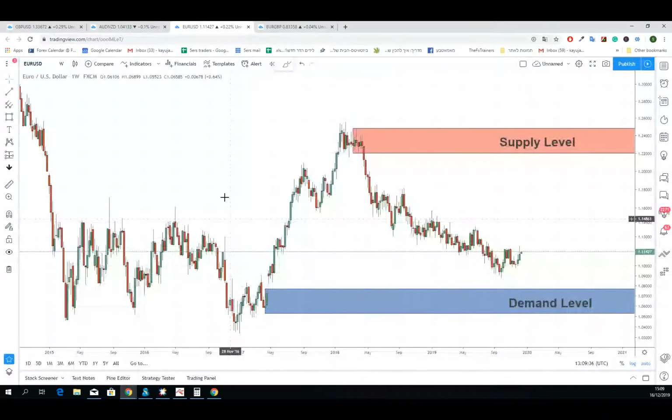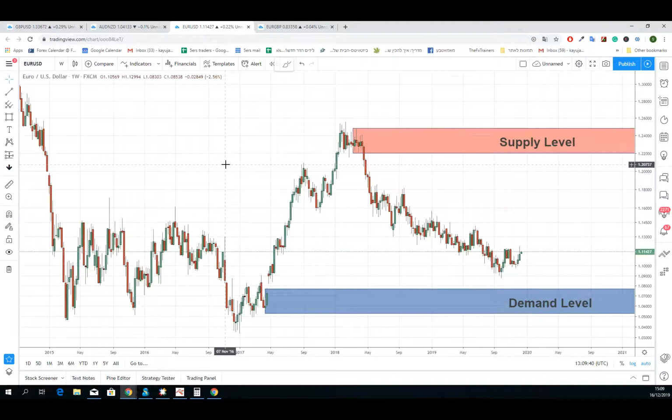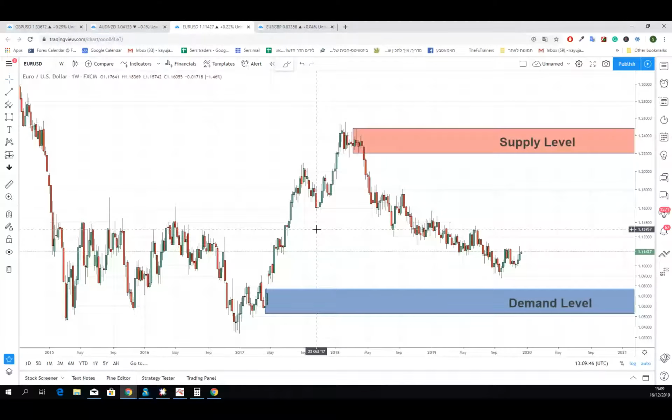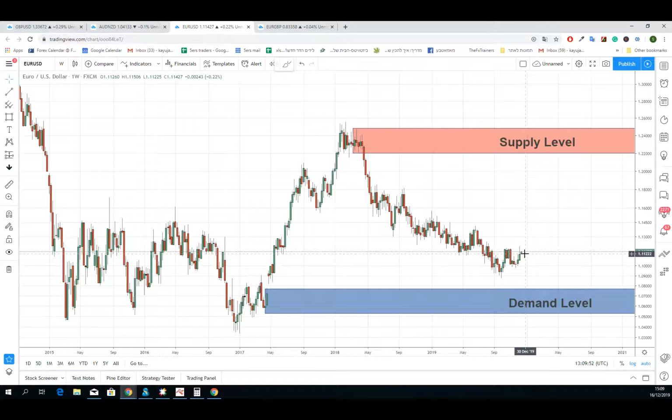Okay, the next is the euro dollar. As you can see, I start with the weekly chart. My conclusion is that the euro dollar for the long term is on its way to reach the demand below. As you can see, the price is moving slowly and struggling on its way down.